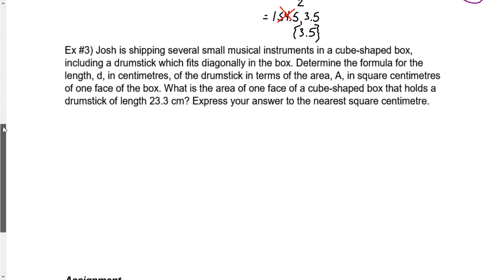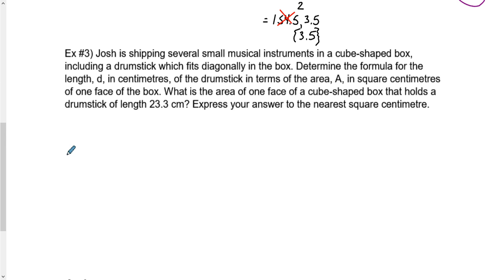So there's a few things to note about this one. First off, we have a box. Inside that box, if I actually finish off my diagram a little bit, and I'll make that nice, we have a drumstick.